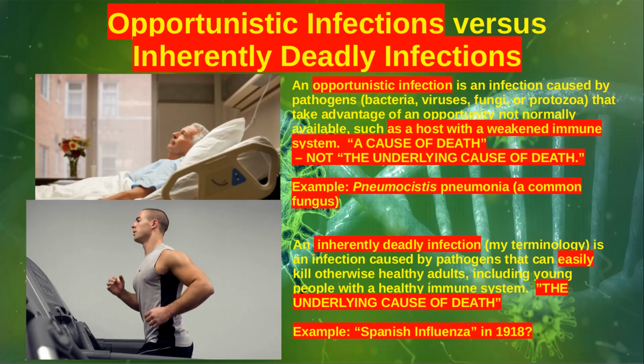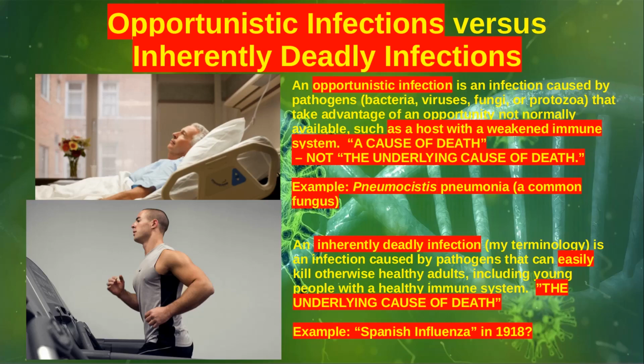A cause of death, not the underlying cause of death. A well-known example of this is the Pneumocystis fungi, which causes a deadly pneumonia in people with a weakened immune system. Their immune system may be weakened by old age, various diseases, AIDS in particular, malnutrition, other causes.